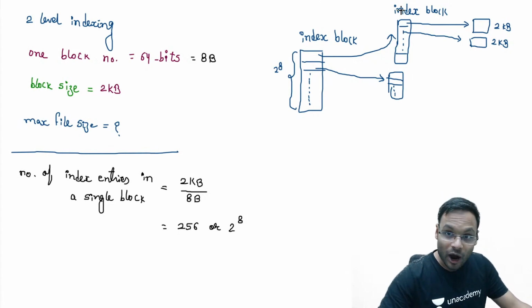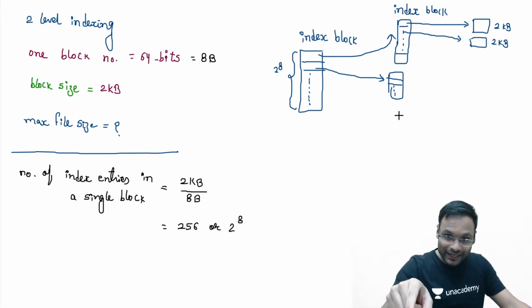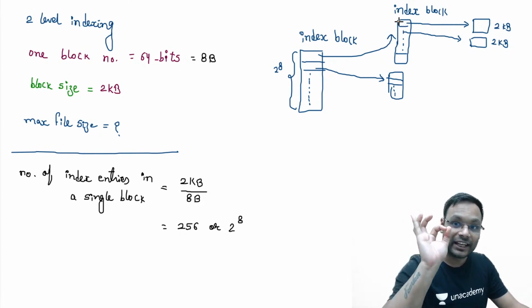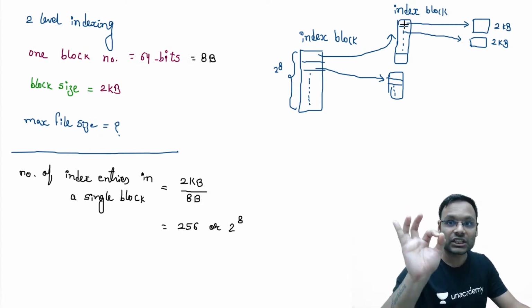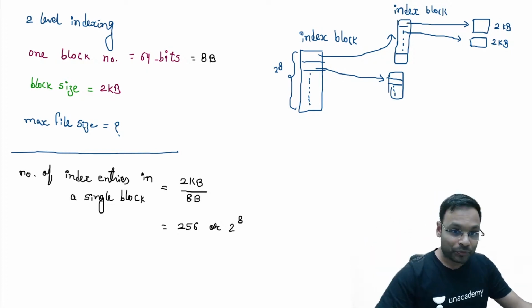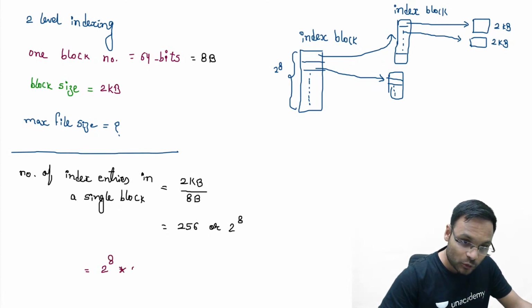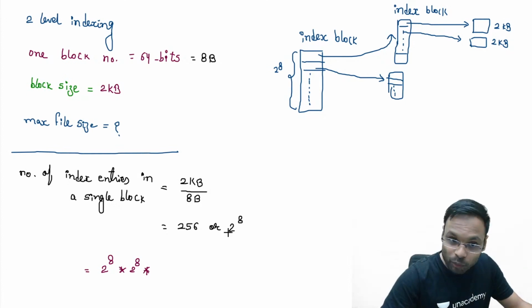So how many such index blocks will we have? 2 power 8 index blocks, and each index block contains 2 power 8 entries. So the total indexing will be 2 power 8 blocks, each block containing 2 power 8 entries, and each entry is of a particular block of 2 kilobyte.